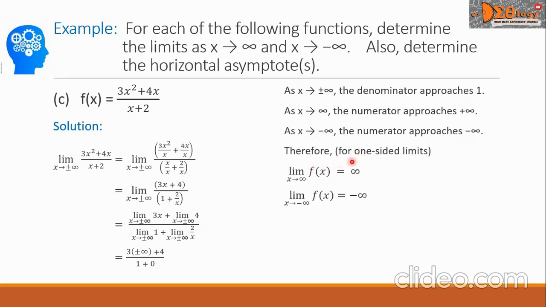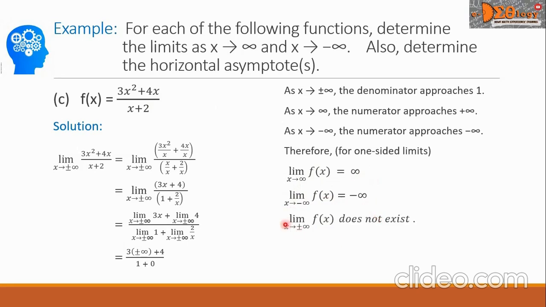Therefore, considering one-sided limits, the limit of this function as x approaches infinity equals infinity. Also, the limit of f of x as x approaches negative infinity equals negative infinity.